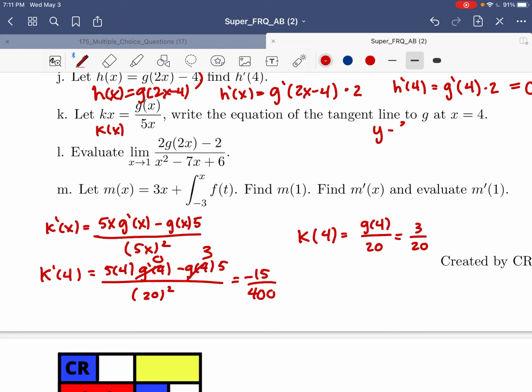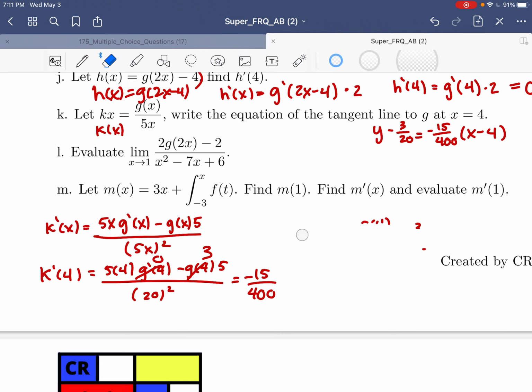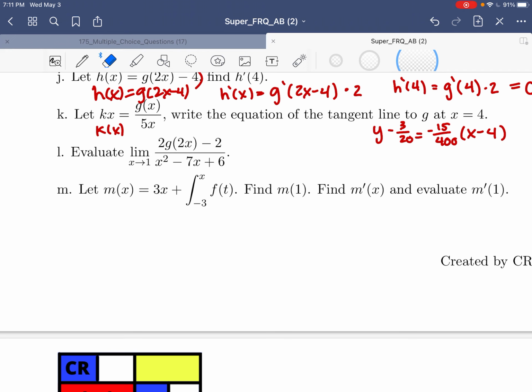So our y value in this case is 3/20. So y minus 3 over 20 equals negative 15 over 400 times x minus 4. That would be our slope. Our line tangent.